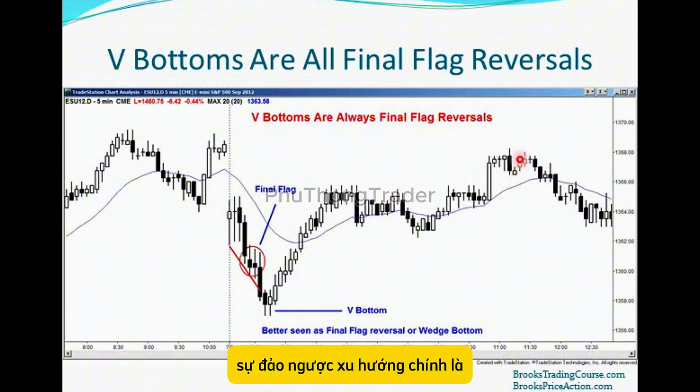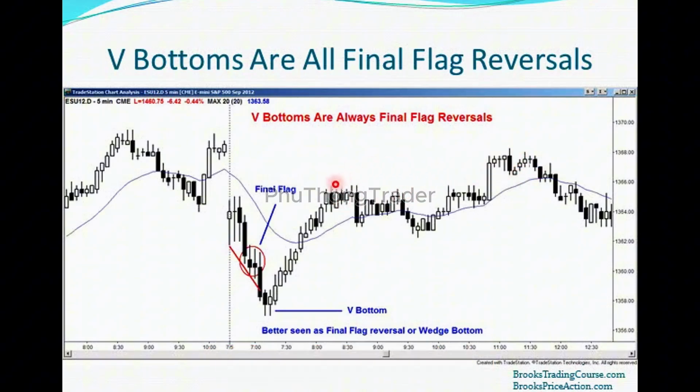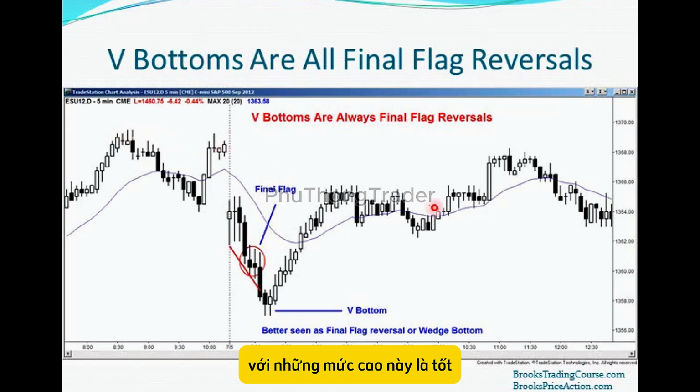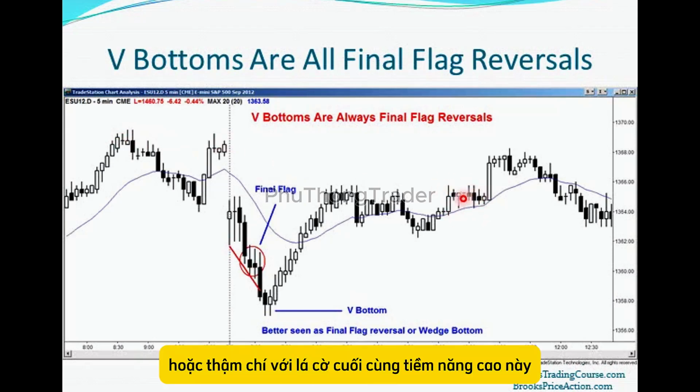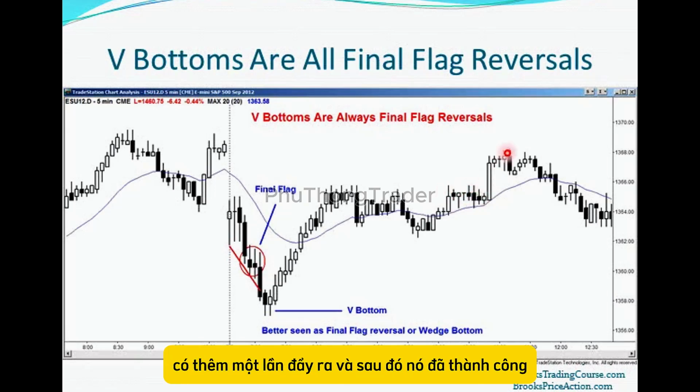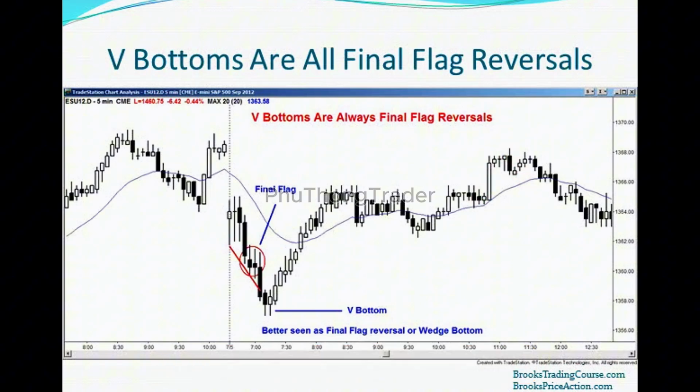All higher high major trend reversals are some variation of a double top. You can also argue that it's a double top with these highs as well, or with even this high, potential final flag. The market pushed up here, tried to top out and failed. It had one more push up, and then it succeeded.